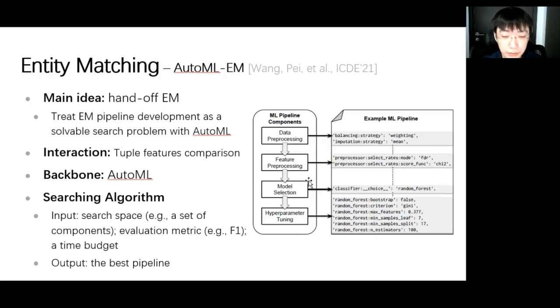It also takes an evaluation metric, for example F1, and a time budget. It will automatically search for the best pipeline.